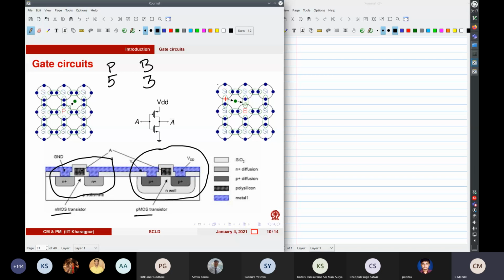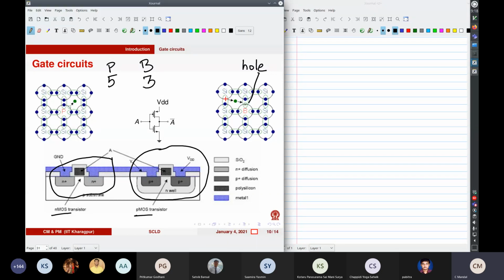In the other case, when you have boron, boron is trivalent, so there is a deficit of one electron. Because you have a deficit, this is called a hole. An electron from some other place can jump into this hole.